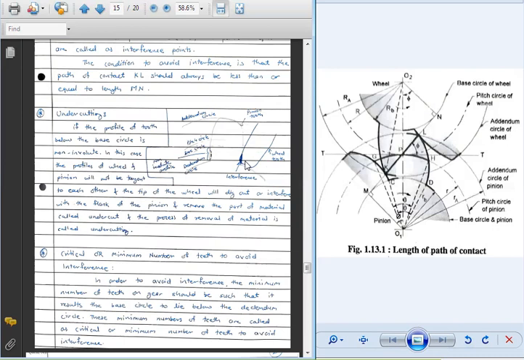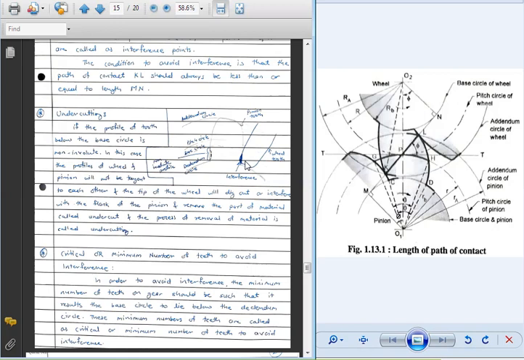In your oral examination, you might be asked whether interference should be there or not, whether undercutting should be there or not. So you must answer that it should not be there. It is an undesirable property of a gear tooth.